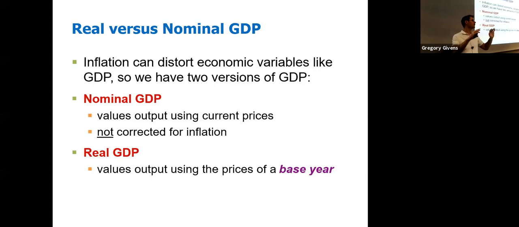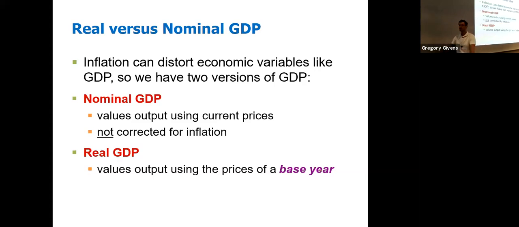It's basically the answer to the following question. If we valued today's production of goods and services at prices that prevailed in the past base year, rather than prices that we actually see today, the answer to that problem would give us real gross domestic product.